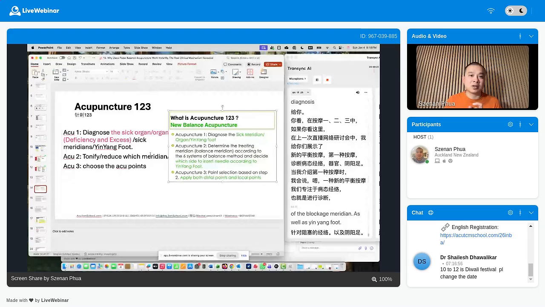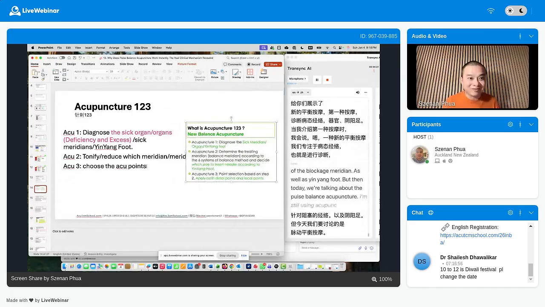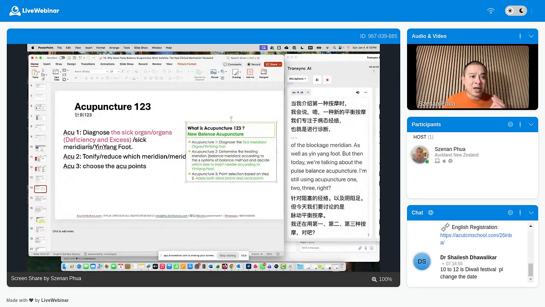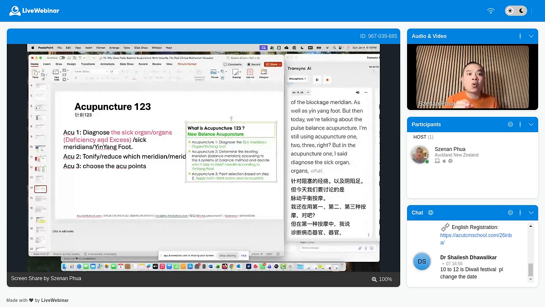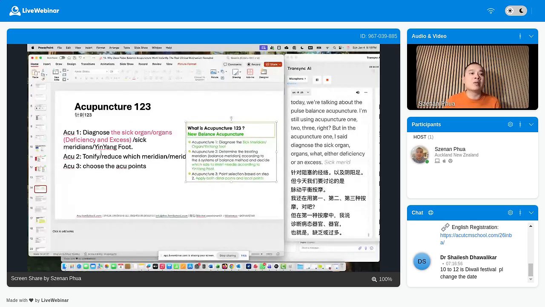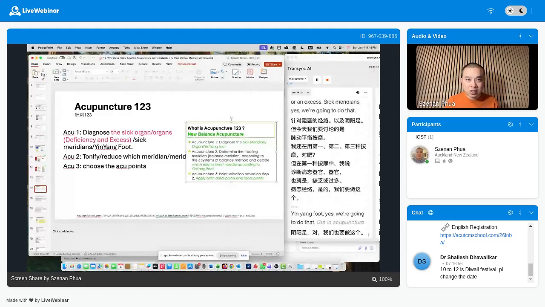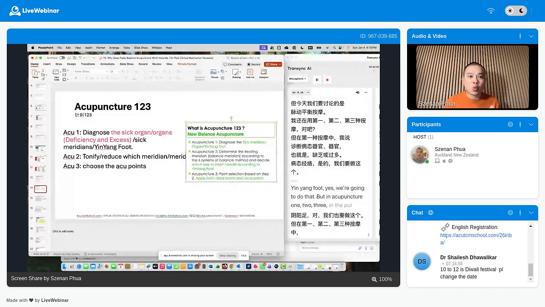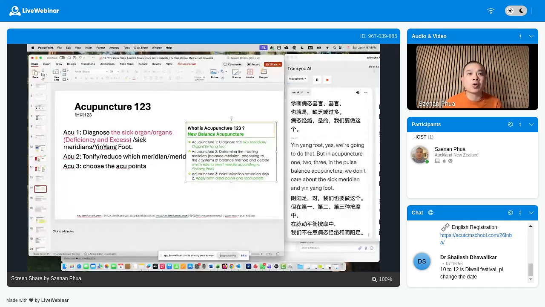But today, we're talking about Pulse Balance Acupuncture. I'm still using acupuncture 1, 2, 3, but in acupuncture 1, I said diagnose the sick organs, either deficiency or excess. Sick meridians, yes, we're going to do that. Yin yang foot, yes, we're going to do that. But in acupuncture 1, 2, 3 in Pulse Balance Acupuncture, we don't care about the sick meridian and yin yang foot. We only focus on the sick organs.